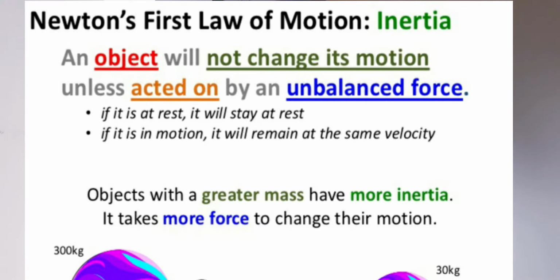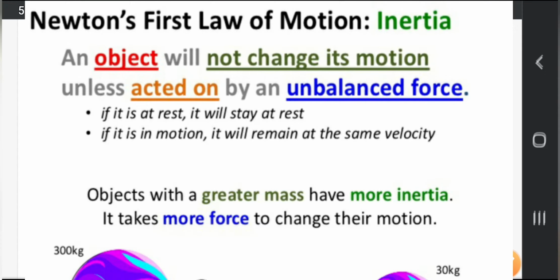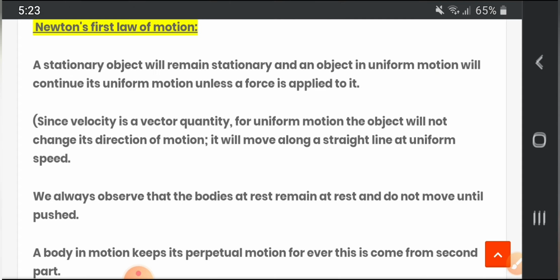If you review the law again, Newton's first law says a stationary object will remain stationary, and an object in uniform motion will continue its uniform motion unless a force is applied.